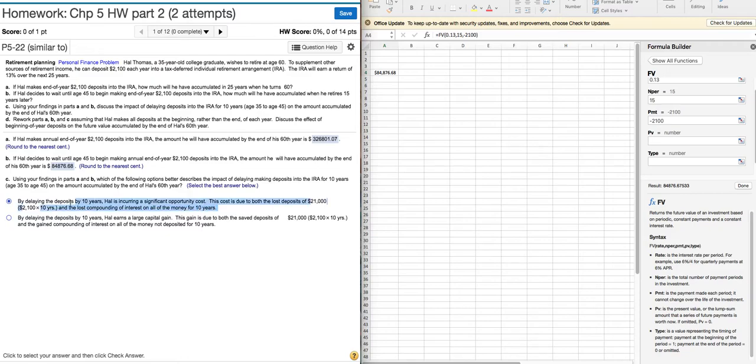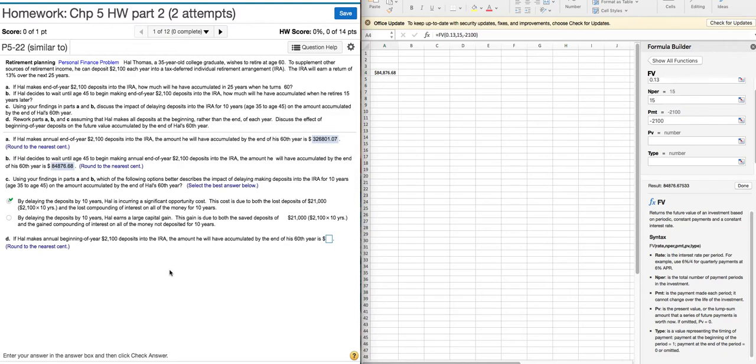So that all makes perfect sense. The second one says by delaying the deposits by 10 years, Hal earns a large capital gain. Doesn't really make any sense. The gain is due to both the saved deposits and the compounding interest, so that doesn't make any sense. So the first option there is what we need to go with.